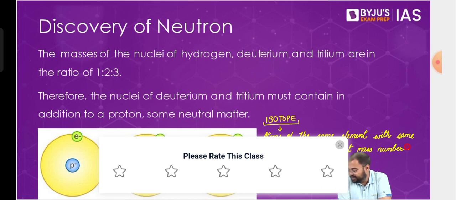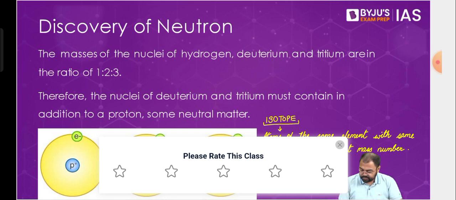Can you tell me what is atomic number and what is mass number? Alright, I have a poll for you because I see that so many of you are writing so many things.